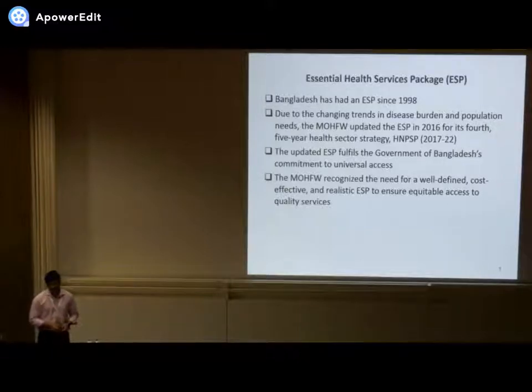The current health spending is $37 per capita. The private sector is growing very fast currently, and the public sector is very steady. The government has some interest to improve the investment, but they have a very poor tax base to invest more.